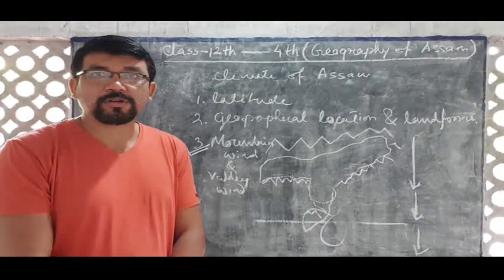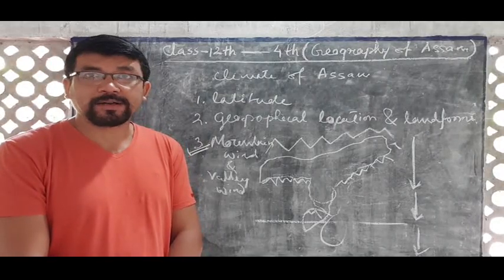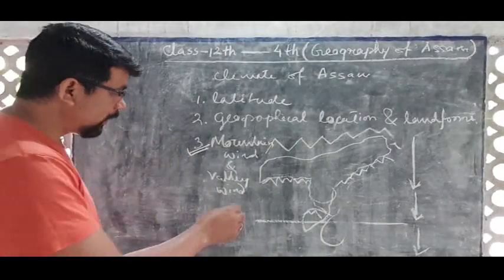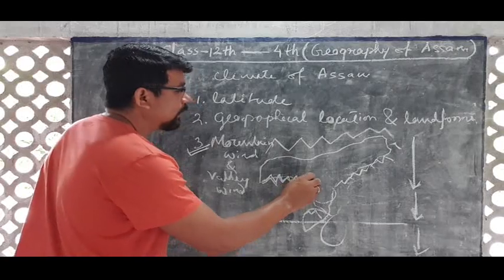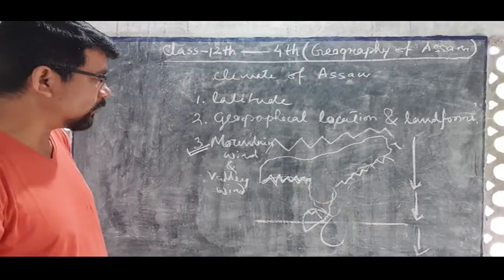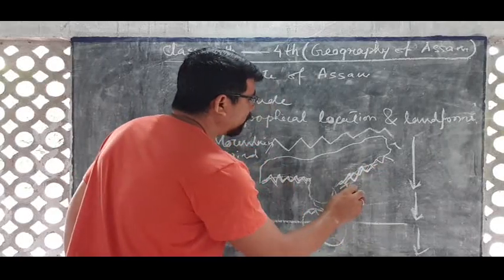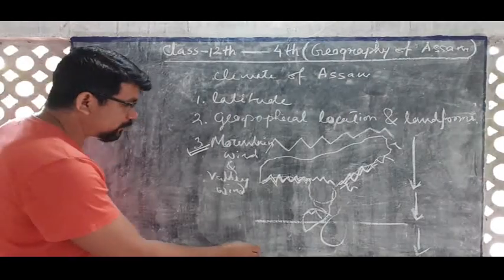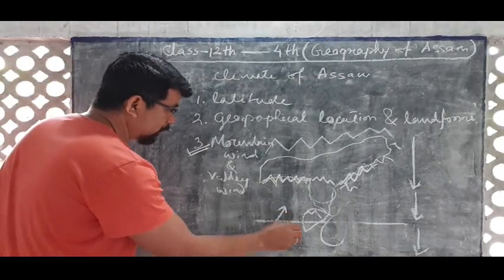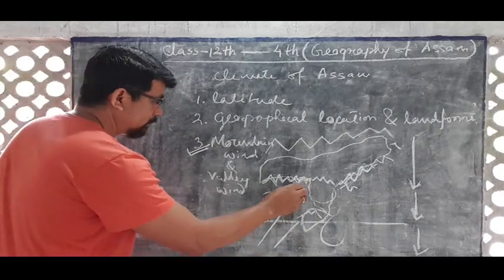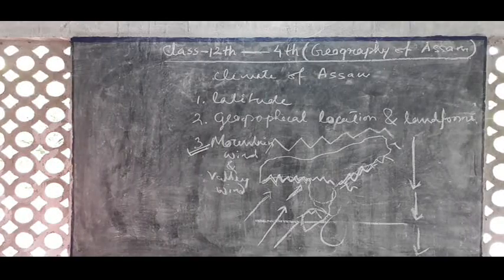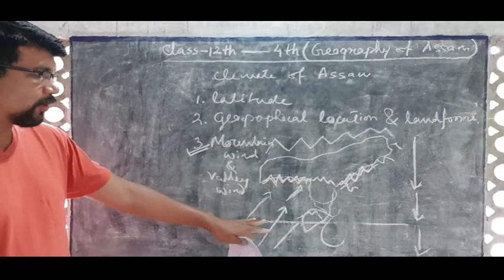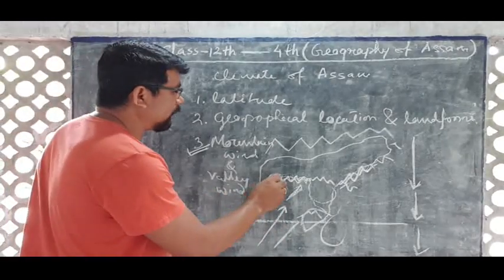That means rainfall distribution is uneven due to landfall. You see, here is located the Meghalaya plateau. Here are the Khasi-Jaintia hills, here are the Nagaland and Manipur hills, and here are the Barail hills. The southwest monsoon is coming in this direction towards Assam, and this southwest monsoon is blocked by the Khasi-Jaintia hills of Meghalaya.